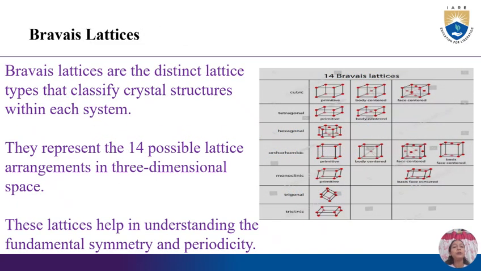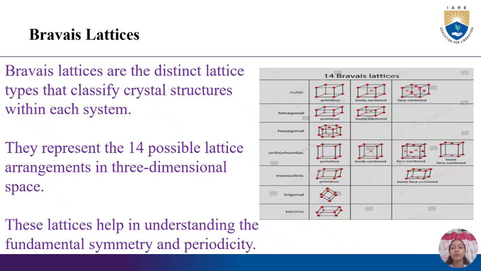Coming to Bravais lattices. Bravais lattices are the distinct lattice types that classify crystal structures within each system. They represent the 14 possible lattice arrangements in 3D space.